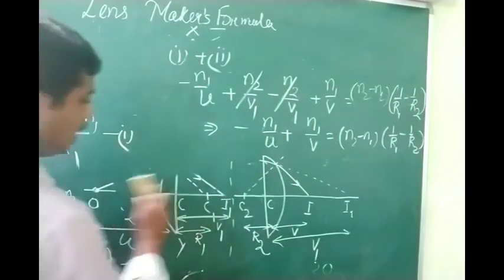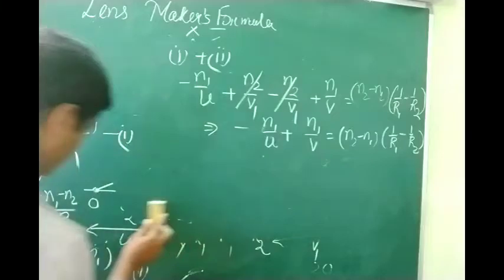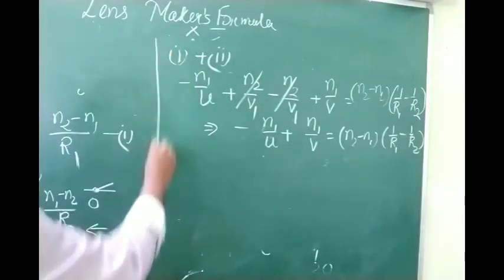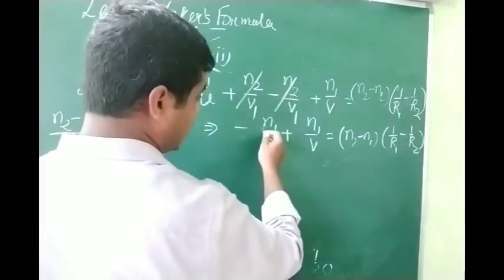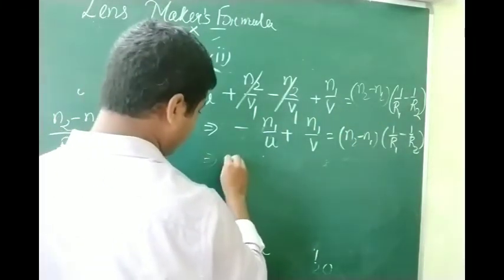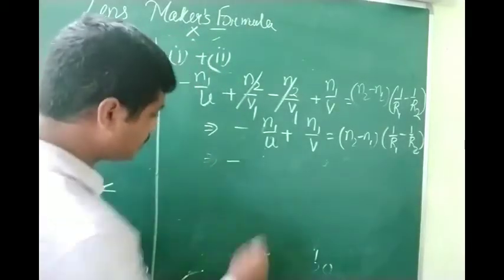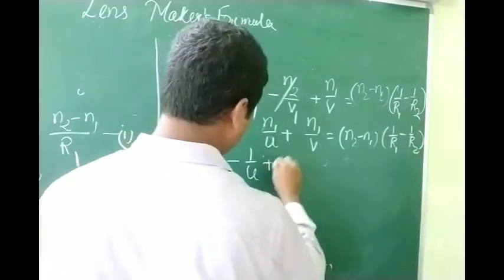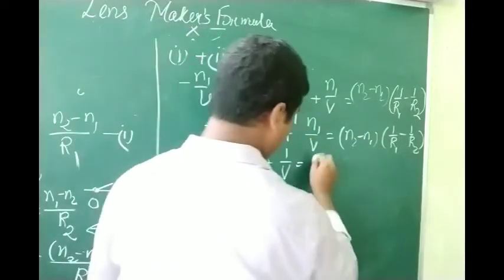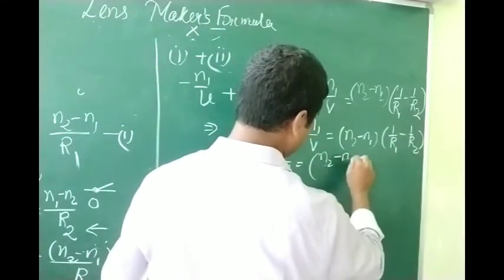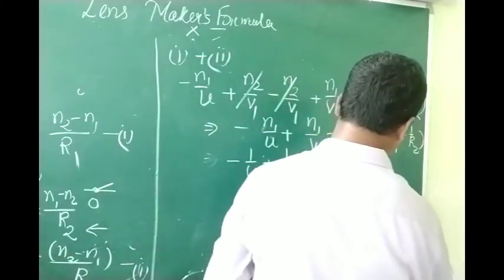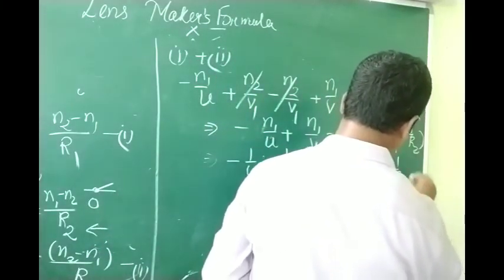Then taking n1 as common, I will put n1 on the other side: minus 1 by u plus 1 by v equals n2 minus n1 divided by n1, into 1 by R1 minus 1 by R2.